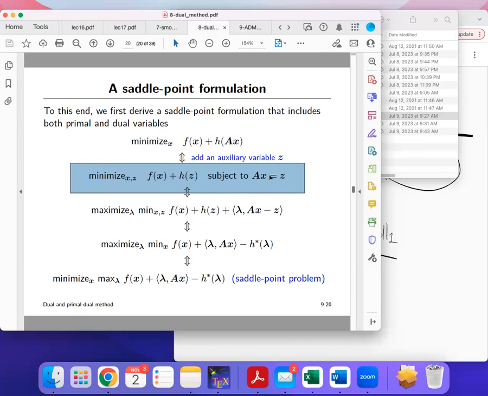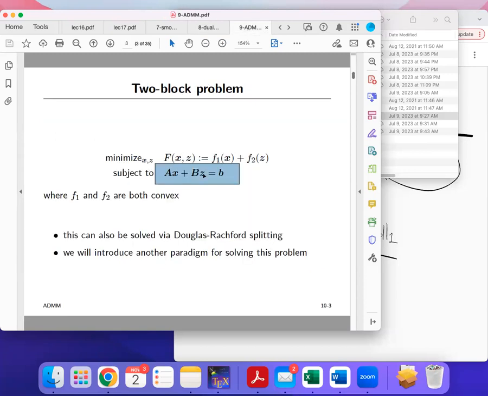So it's a very simple coupling. A is applied to x, and z is an identity, simply z. But here it is Ax plus B times z equals b. So this coupling is more complicated. Well, we assume f1, f2 are convex and their proximal mapping is easy to compute.